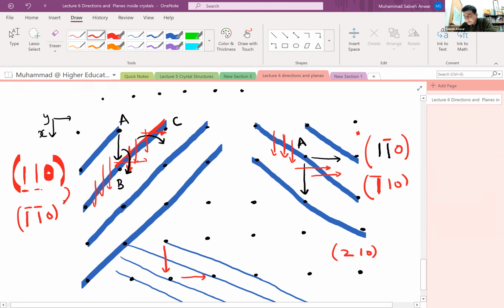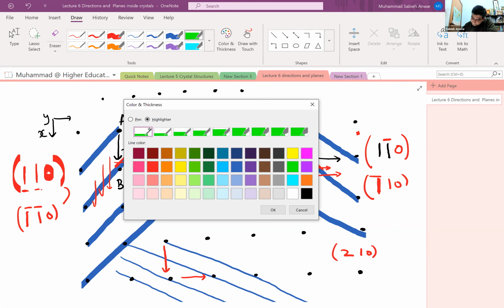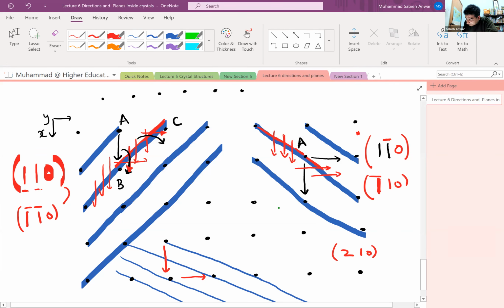On the right hand case, this is not the case. If I go from A to B, which means I advance along the x direction, I am piercing the plane from this side. However, if I were to move along the y direction, then look at the kind of crossings that I'm making on the plane.